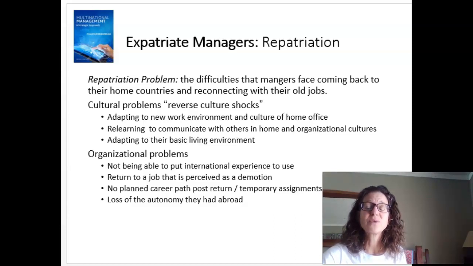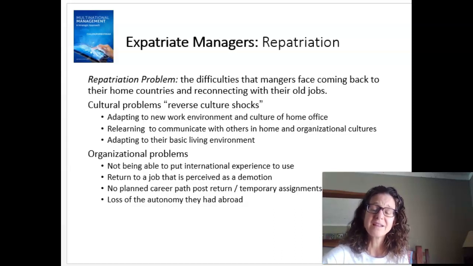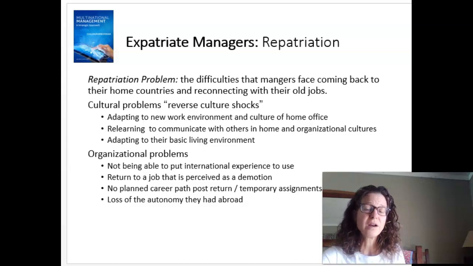A lot of expatriates turn over shortly after returning from international assignments, and many organizations actually define that as expatriate failure. Expatriate failure, as we discussed earlier, is when the expatriate fails to complete his or her assignment or returns home prematurely.